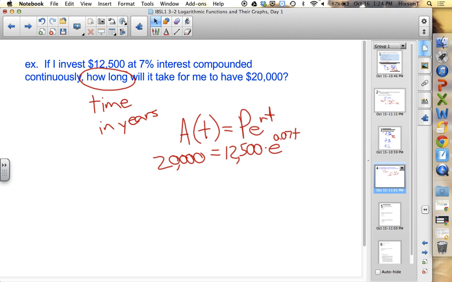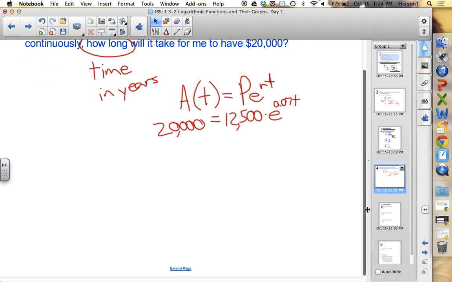So here we have our formula set up. How would we go about solving? First you divide by 12,500. Before you do anything with logarithms, get the exponential part by itself.